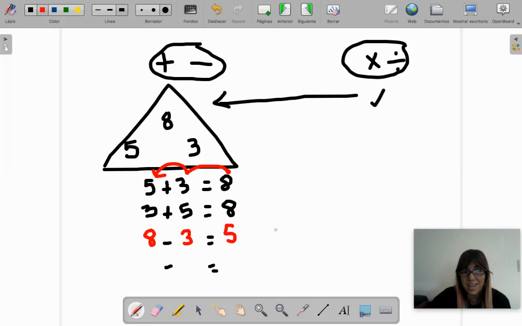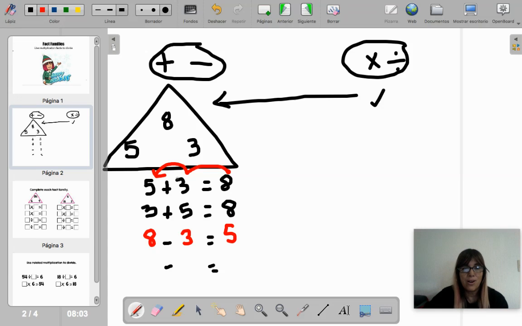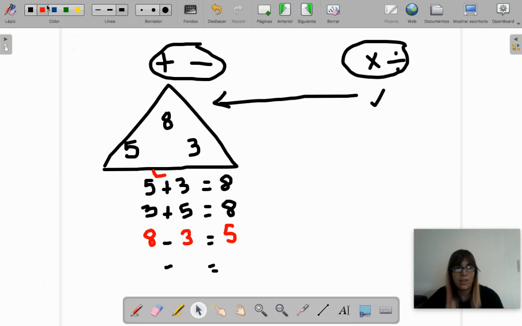It's like a game. So for the next one, we also do it backwards. It's our second sentence because we already did this one. So let's do the next sentence, but we do it backwards. We begin here in the 8. That's going to be my first number. Minus this equals this.